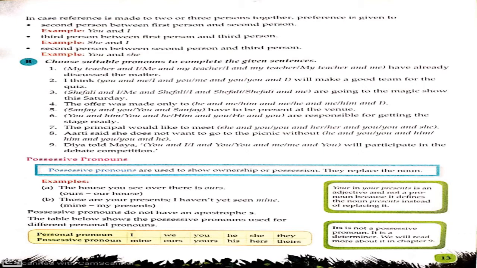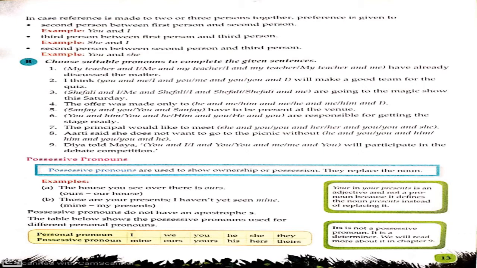Whenever a second person and third person are mentioned in a sentence, then you will be using the second person before and later on the third person. Based on this itself, you will have to answer the below questions.